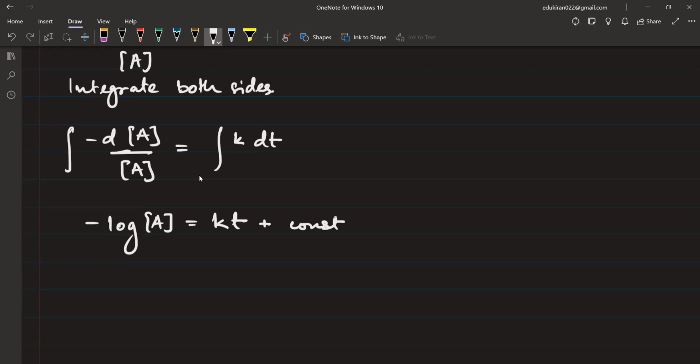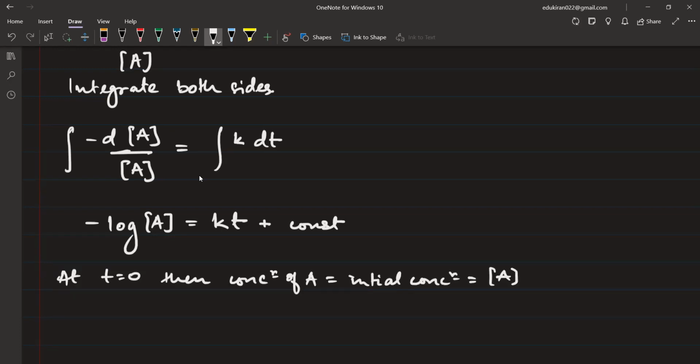Now, what will be the value of this constant? We'll get the value of this constant when t is equal to 0. When t is equal to 0, the concentration of A will be equal to the initial concentration, which we write as A naught.